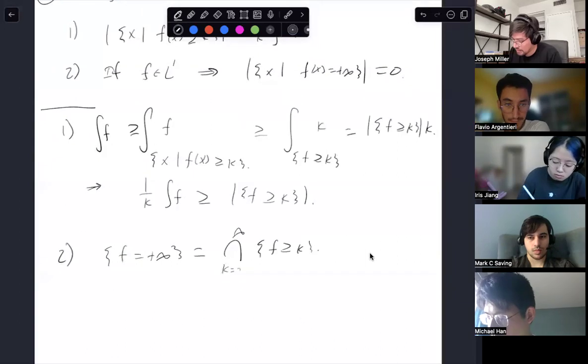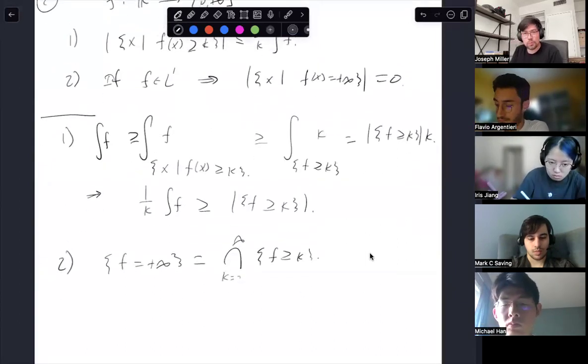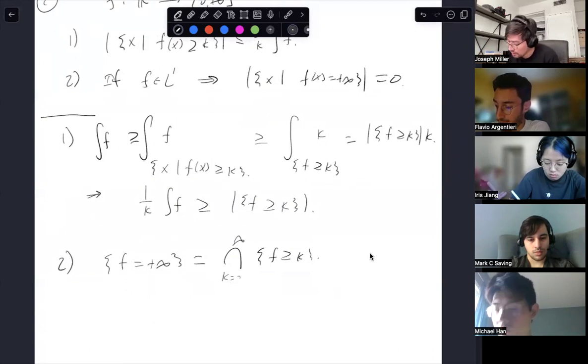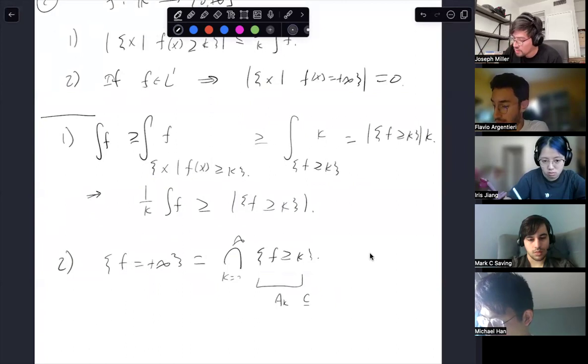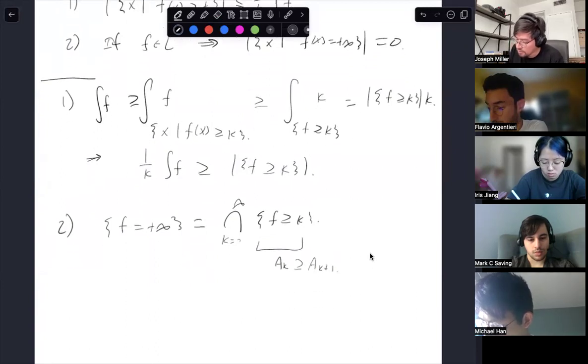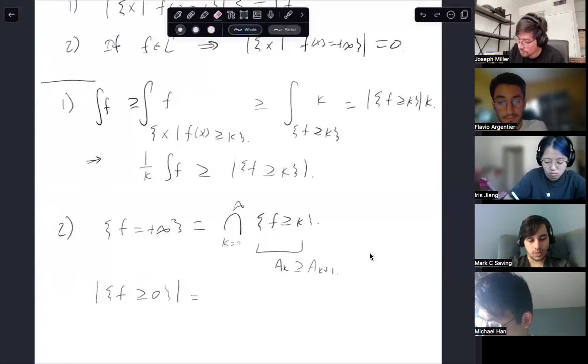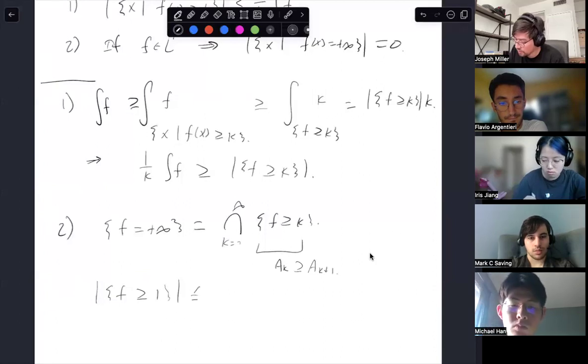I know that if I take an intersection of things that are all nested and decreasing, these sets A_k are all decreasing. And the measure of the first one, f greater than or equal to 1, say, is less than or equal to, by Chebyshev, the integral of f.